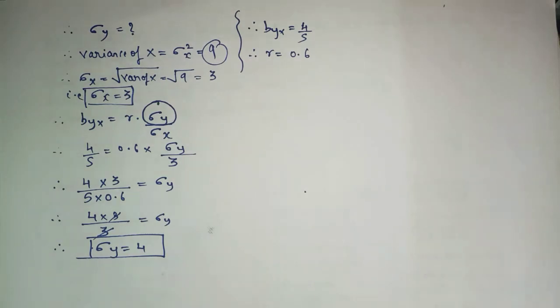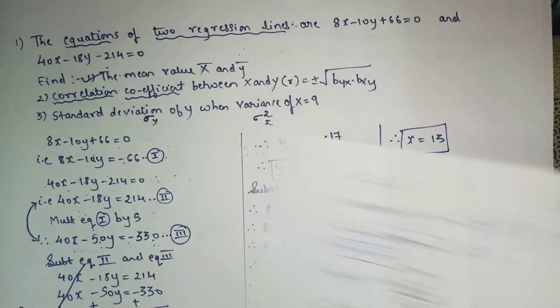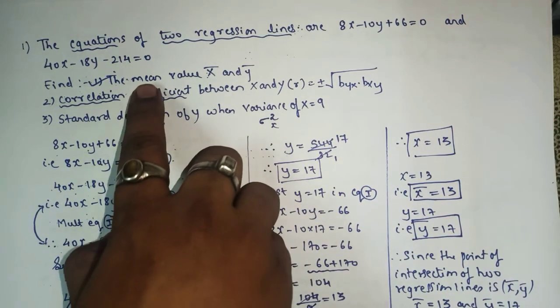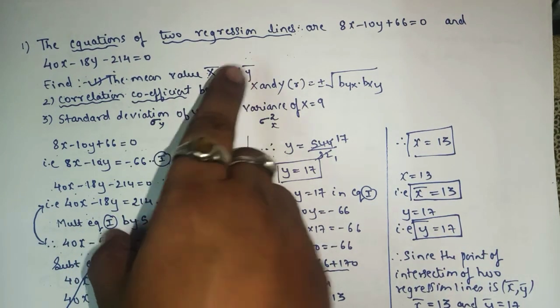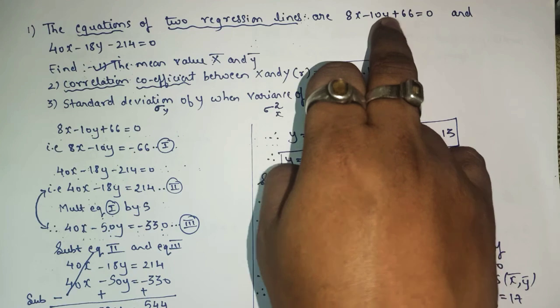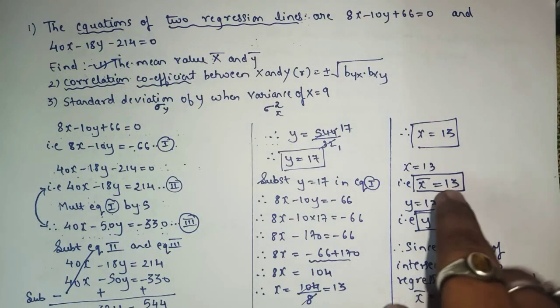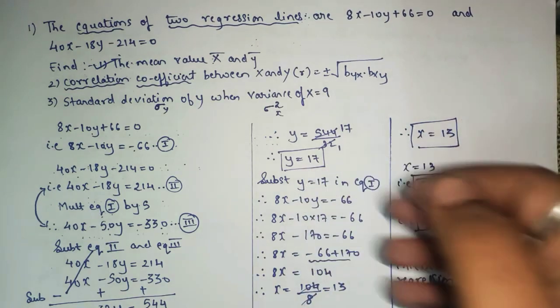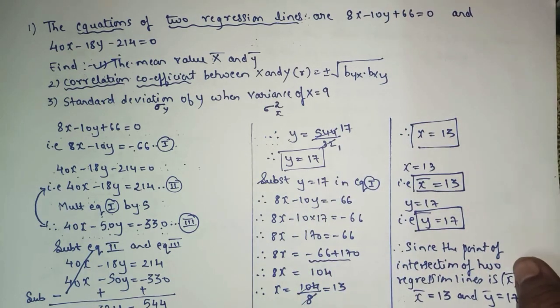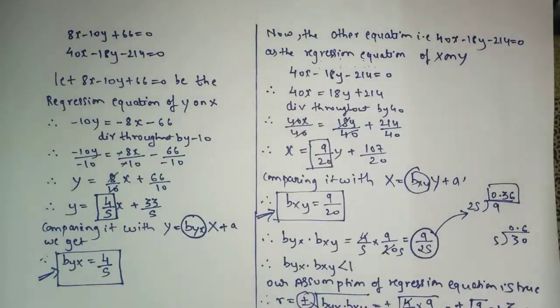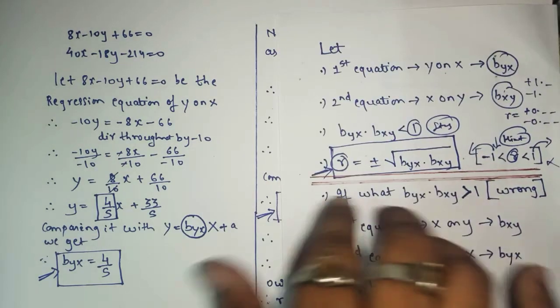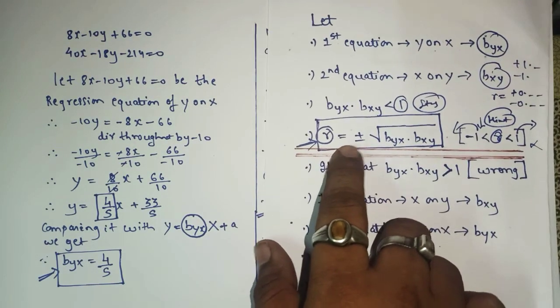I hope you all understood how to find the mean values of x and y. What you will do is solve these two equations simultaneously to get the values of x and y, which are directly or indirectly the x mean and y mean. After that you will follow these steps to get the value of r.